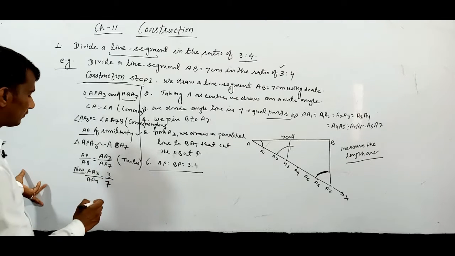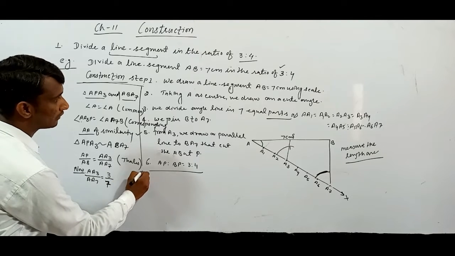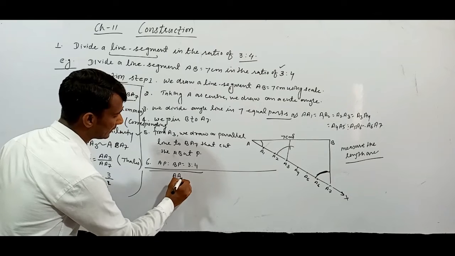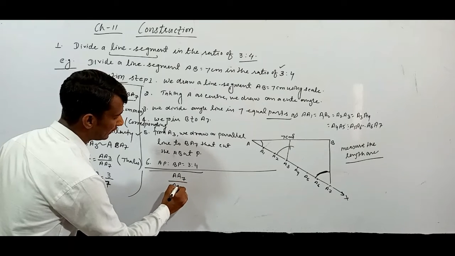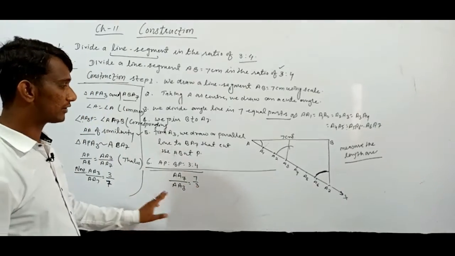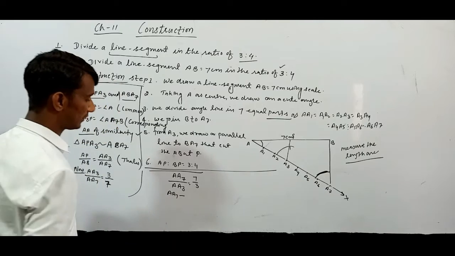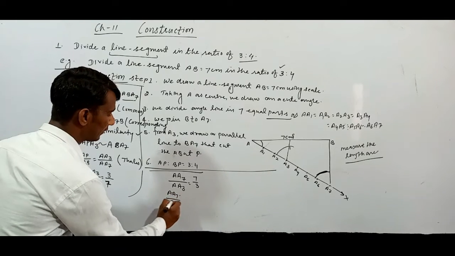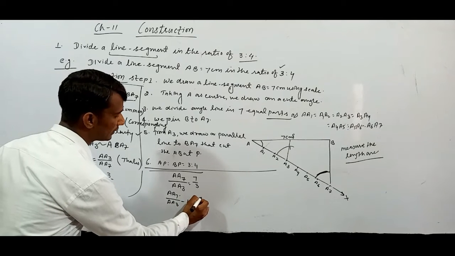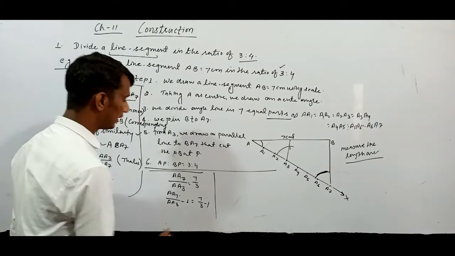Which term do we subtract here? You can write AA7 upon AA3 equal to 7 upon 3. On both sides we subtract 1. AA7 upon AA3 minus 1 equal to 7 upon 3 minus 1. Then what do we get?